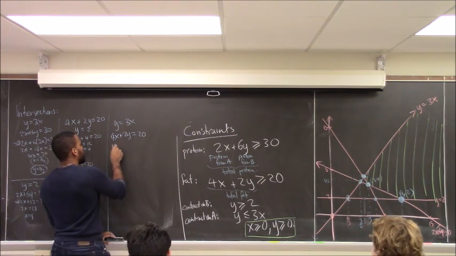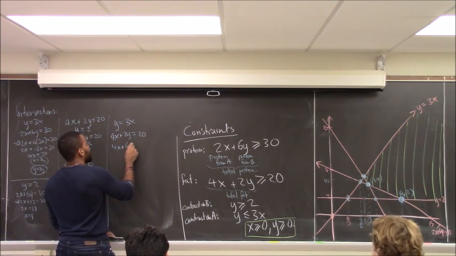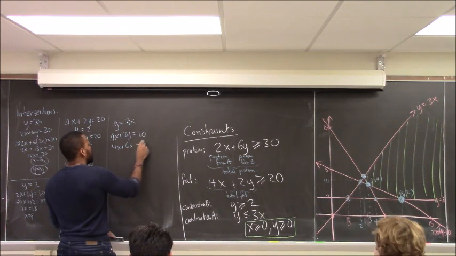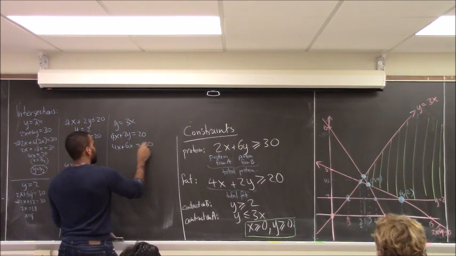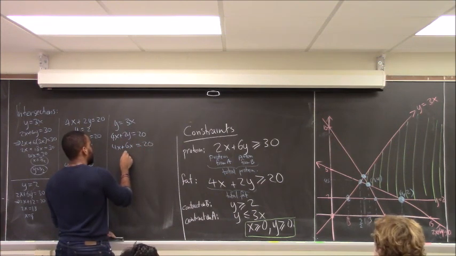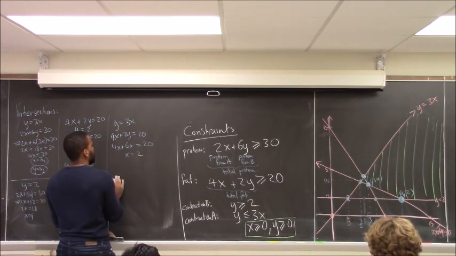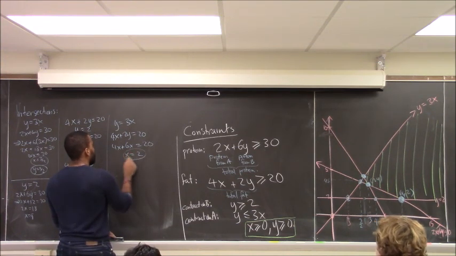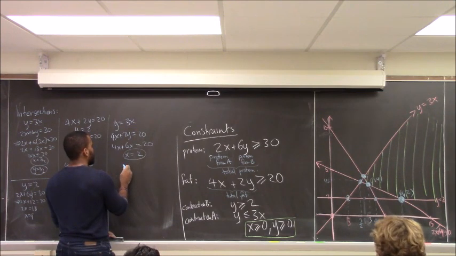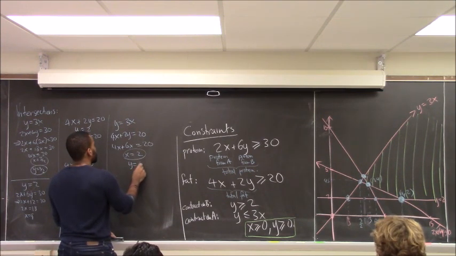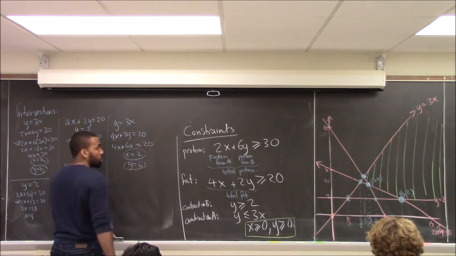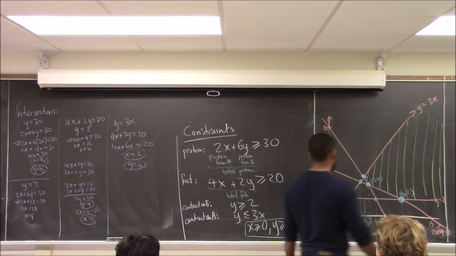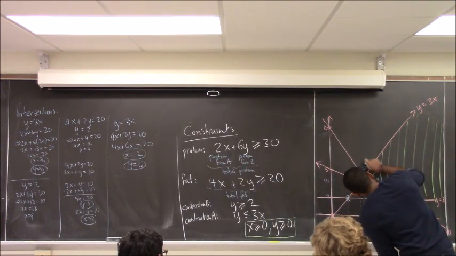That will give you 4x plus 6x equals 20. So you have x equals 2. Then you would have y equals 6. So this is actually 2, 6 right here.